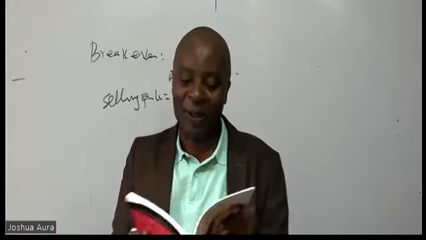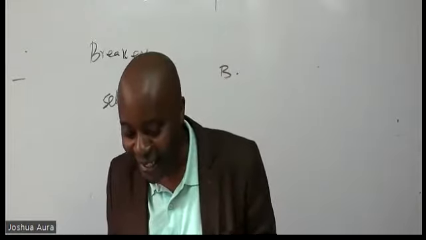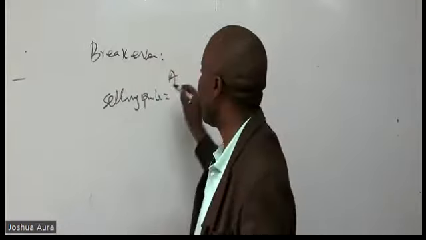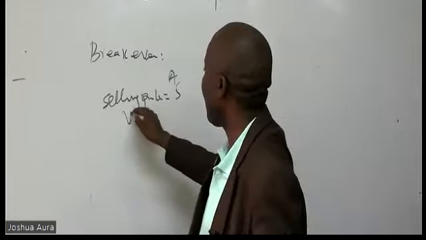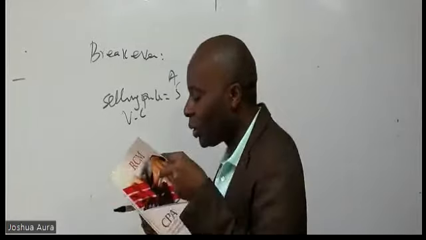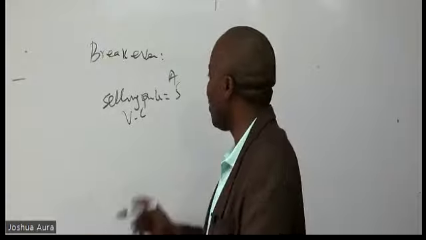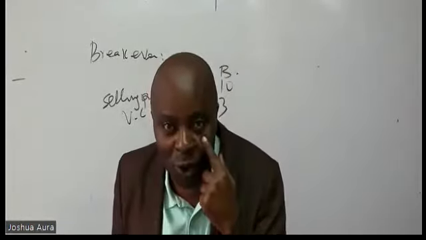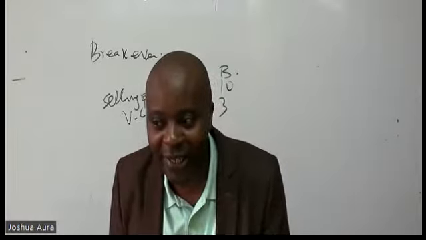From note 1, additional information 1, are you able to see the selling price? Yes, note 1, the selling price is 5 and 10. Variable cost, note 2, we can see 4 and 3. When I see selling price and variable cost, what should come to my mind very fast?